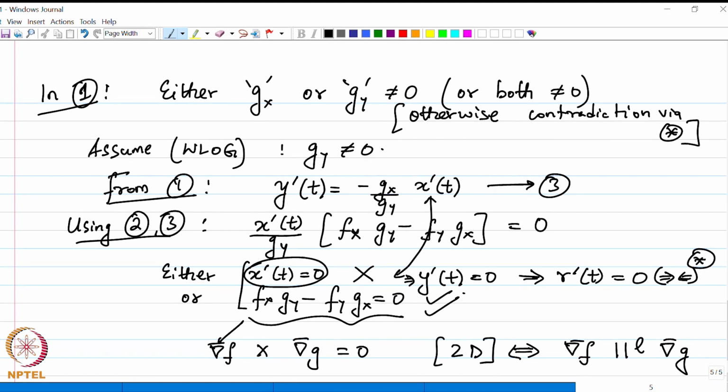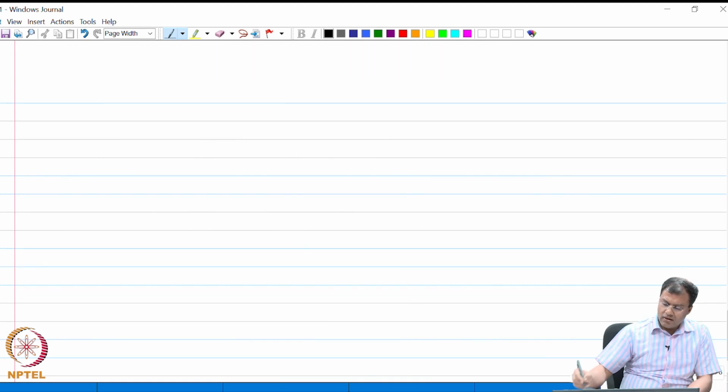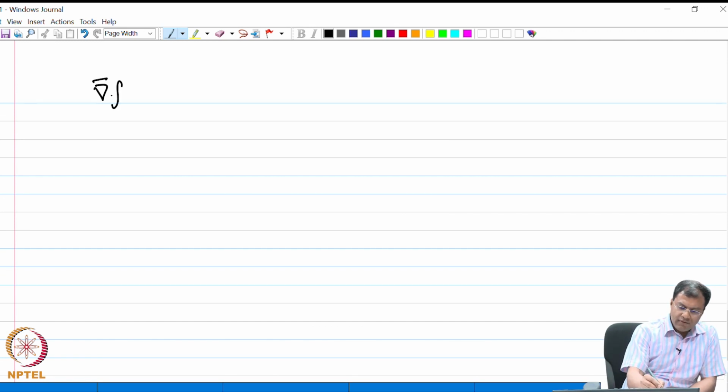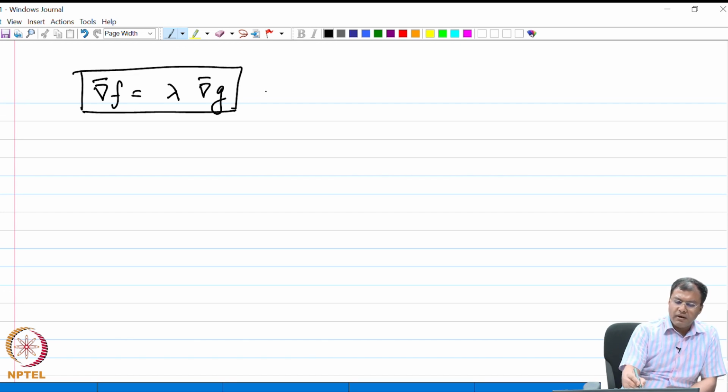Let me rewrite this statement. What I am saying is that the vector grad f is proportional to the vector grad g, and this is the primary statement of the Lagrange multiplier condition.